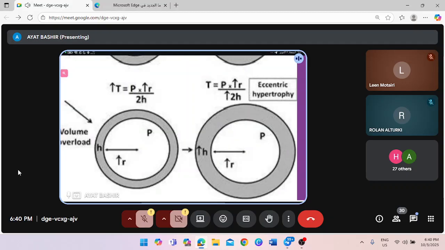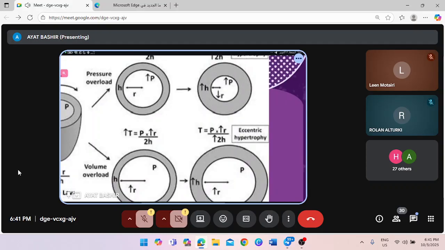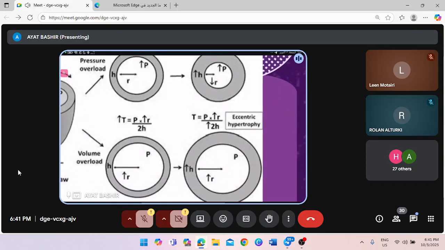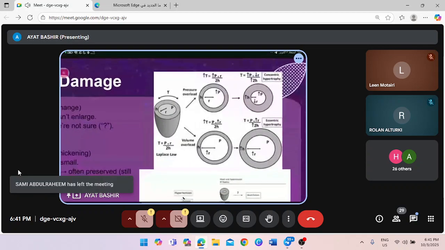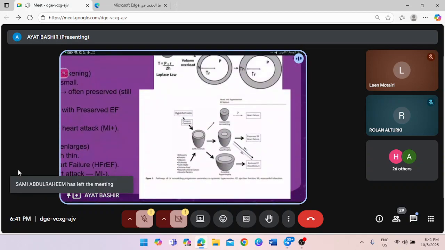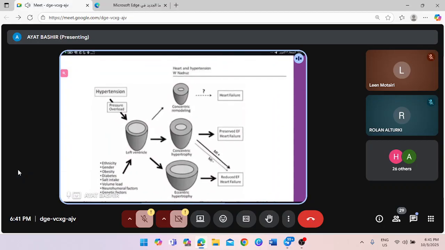But here, when the radius increases, it's called eccentric hypertrophy. So we have concentric hypertrophy and eccentric hypertrophy. The difference is that here the volume is high, so the radius increases more, but here the radius will be decreased.